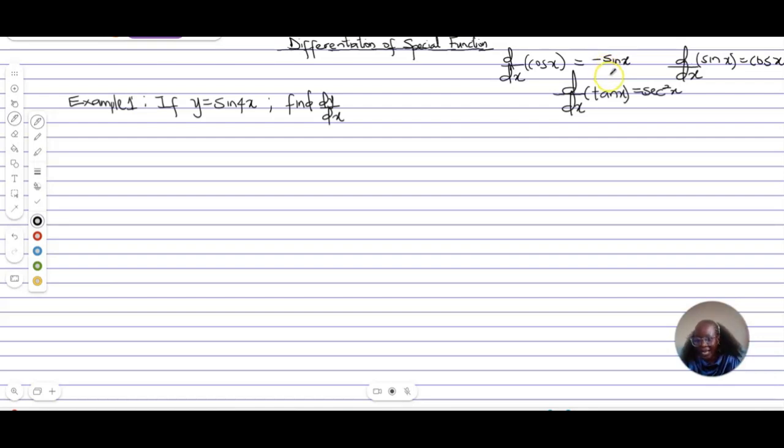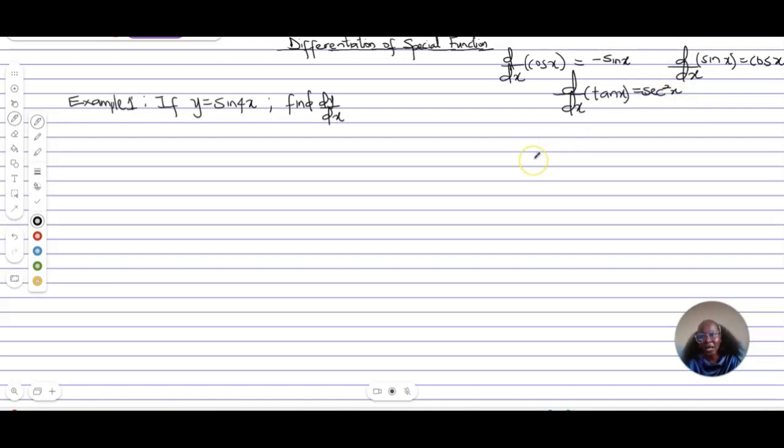These are just standardized points that you need to know: differentiation of cos x is negative sine x. Differentiation of sine x with respect to x is cos x. Differentiation of tan x with respect to x is sec squared x. They are very important things that you really need to hold on to.